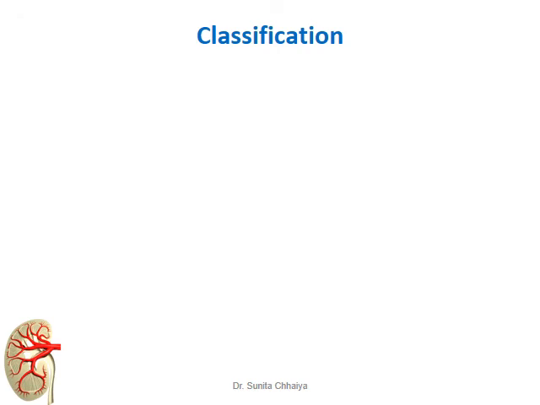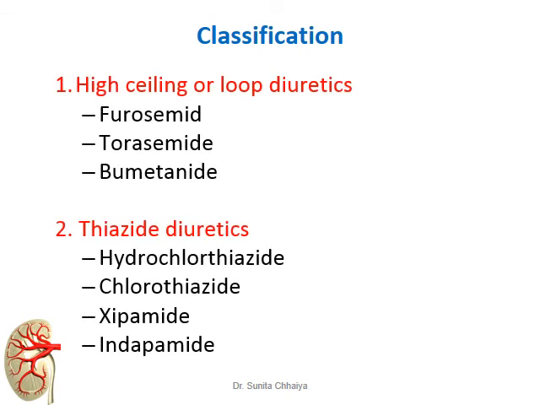Now move towards the diuretic parts. There are different classes of diuretics. First is the high ceiling diuretic, also known as loop diuretics, like furosemide, torsemide, bumetanide. Second is thiazide diuretics: hydrochlorothiazide, chlorothiazide, xipamide or indapamide.